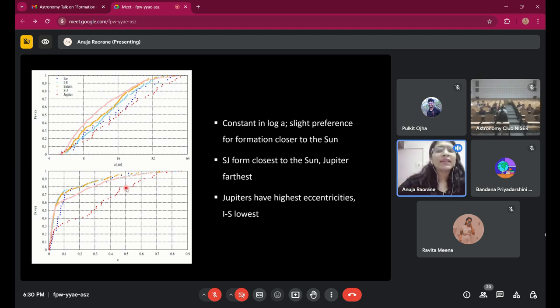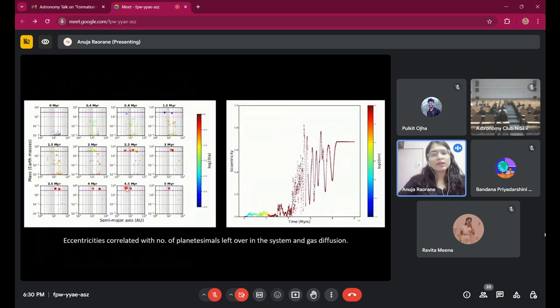So why was this the case? We actually looked at a lot of cases. This is one example case where only Jupiter is forming. This is a time snapshot, like you saw in the movie, from 0 to 5 million years.